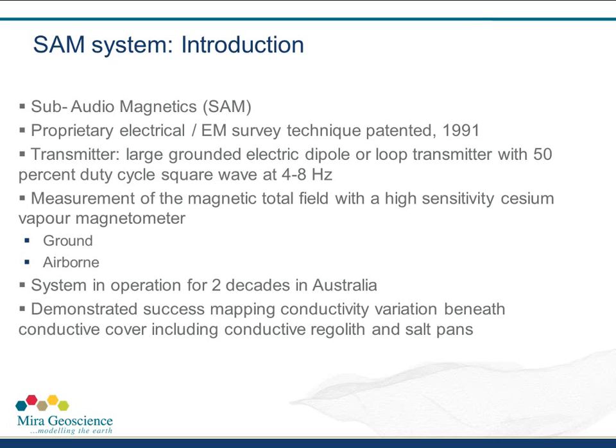The system has been active in Australia for over 2 decades, and most of that time the application was in environmental UXO, so it's only recently been introduced in the mineral exploration industry. But it's demonstrated good success in mapping conductivity variation in challenging environments, where you've got conductive cover, a lot of that in the regoliths in Australia, and salt pans.